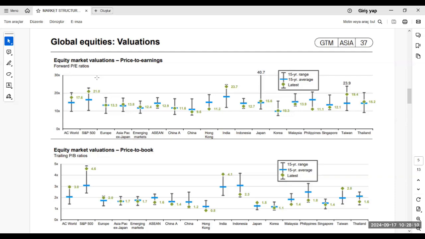Price is really high, earning is really low, and the price earning ratio is increasing in this type of market. So what can we understand from this picture, and in which market can I put my money?